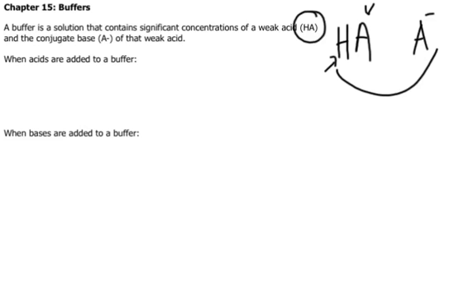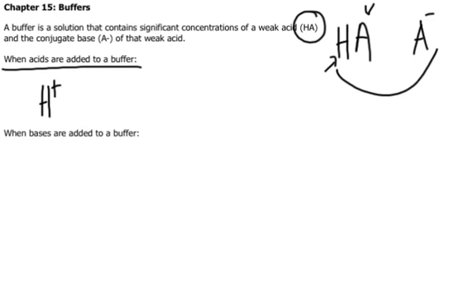So for example, let's say that you have this buffer system with HA and A minus in it, and some acid is added to this buffer system. The acid contains H plus, and that's what the buffer needs to get rid of.